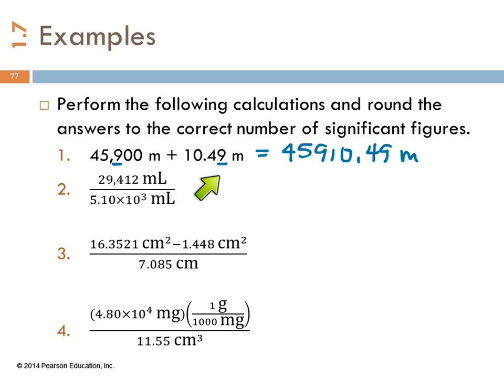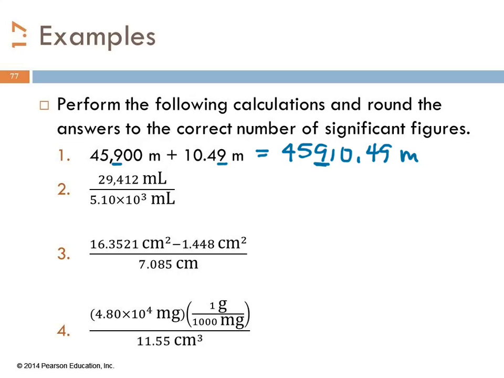So really what we're looking at is which one has the greater uncertainty? This one has the larger uncertainty. This is going to limit the answer. And so we're going to have uncertainty in the hundreds place, which is right here. We need to be careful when we round that number because 459 is not going to be a good answer.